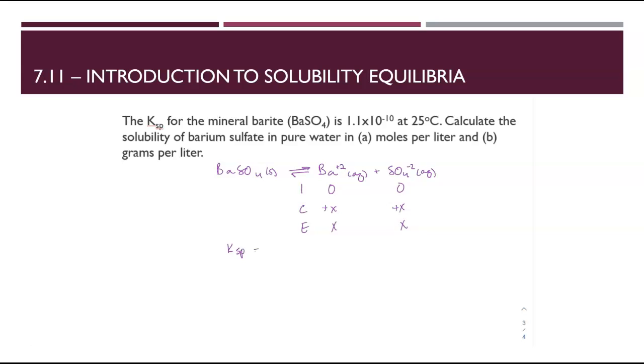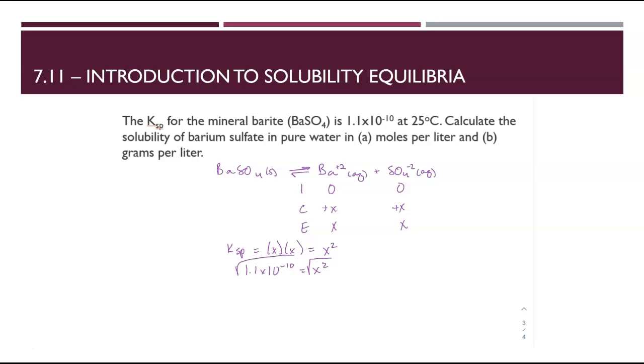This means our KSP would be x times x, because it's the barium ion concentration times the sulfate ion concentration, which is equal to x squared. So when we're solving for x, 1.1 times 10 to the negative 10th equals x squared.